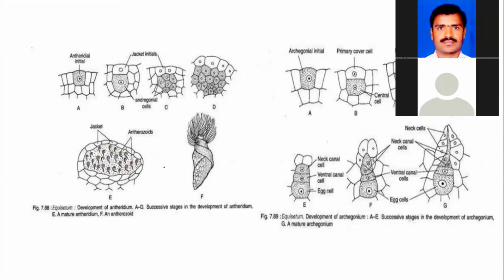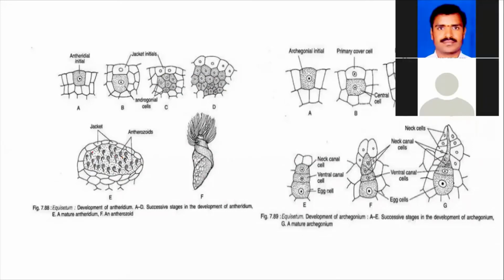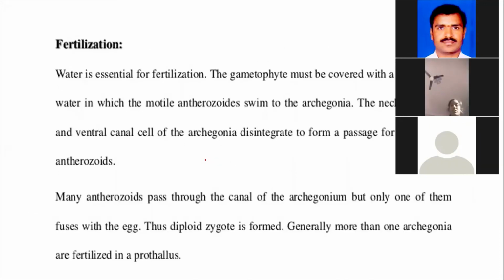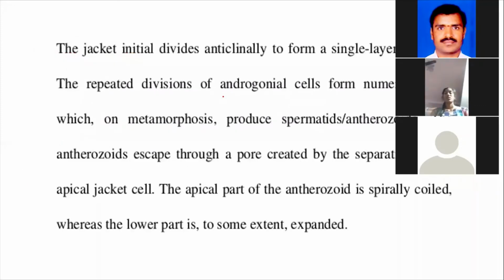Next, the central mother cells undergo reduction division and produce the male gametes, which we call the anthrozoids. You can see them forming here.